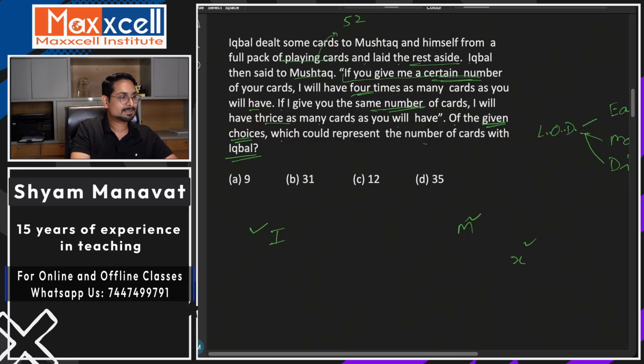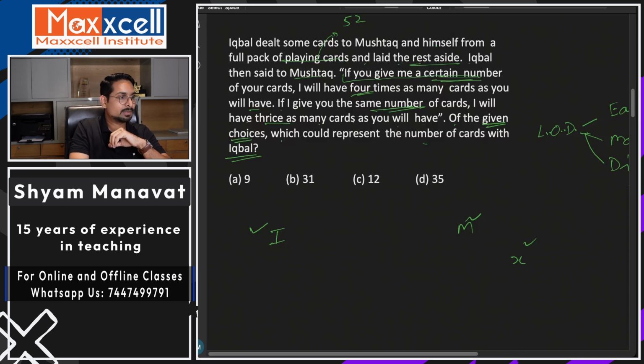Now let's form the equation. Some cards are kept aside, and there is no mention of the number of cards kept aside. We just need to keep in mind that it's not that Iqbal has dealt the entire 52 cards amongst both of them. So I and M we don't know, even I plus M we don't know. Are you clear with this?